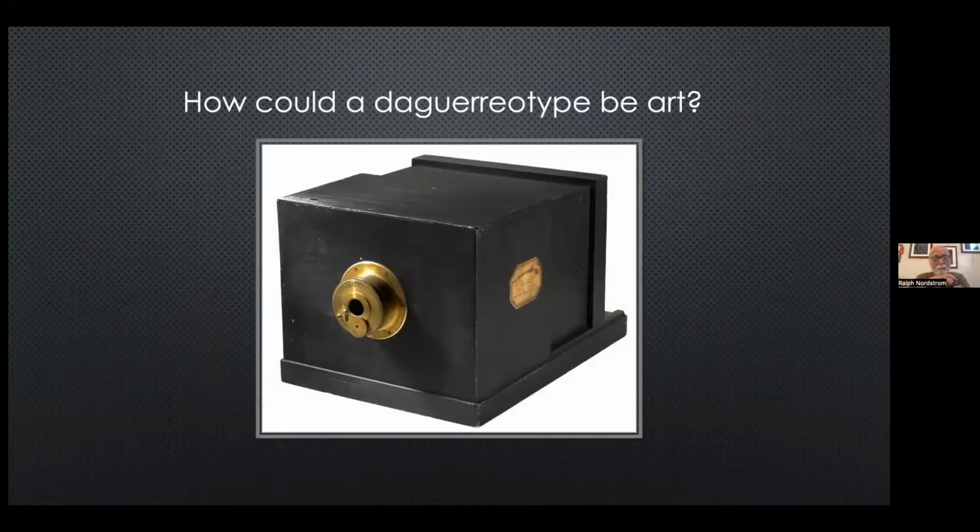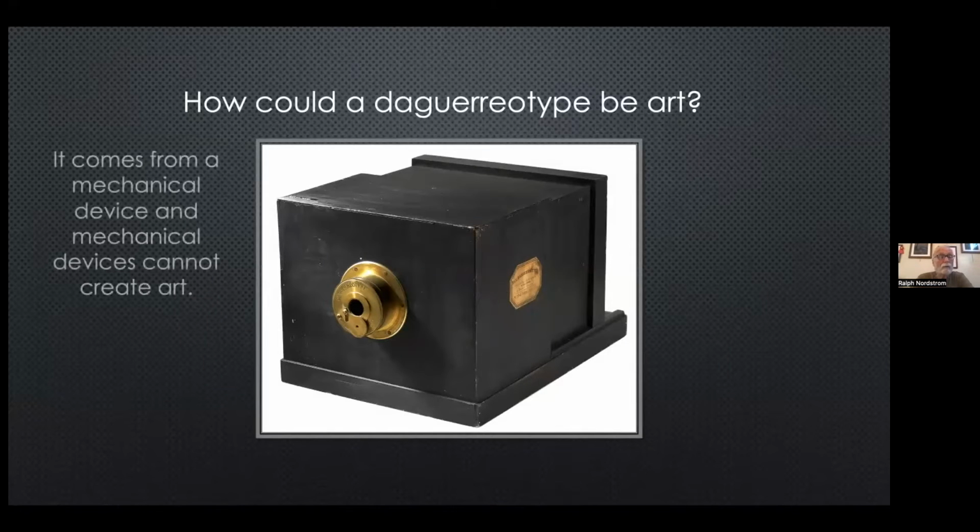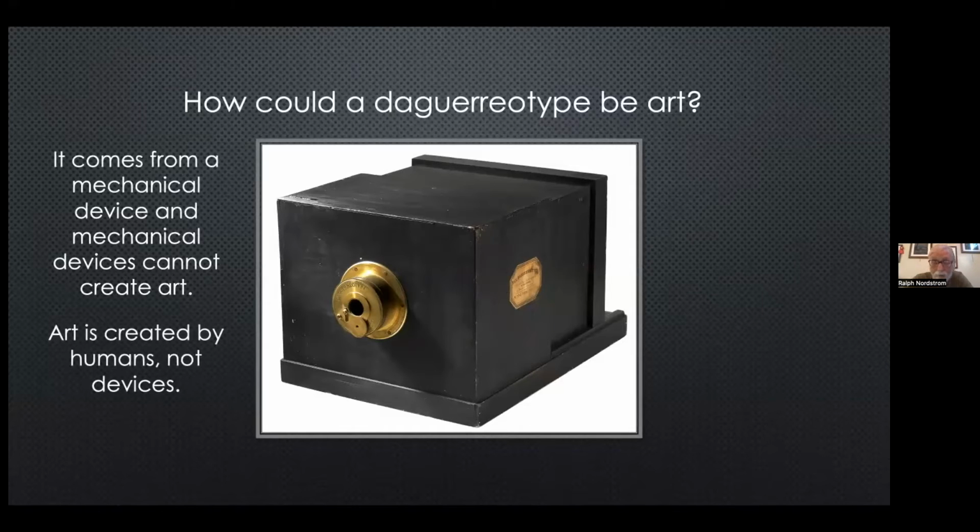And so here's a daguerreotype camera, which by the way was a camera obscura. It doesn't even have a shutter. The painters pointed out that it was a mechanical device. And how could you possibly create art with a mechanical device?